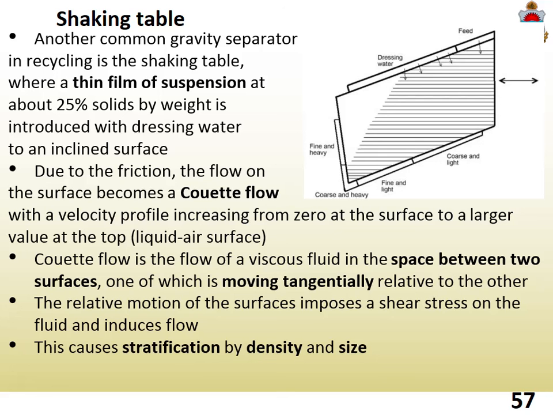So the particles of different size and different density are organized differently, as it is seen here. The coarse and light particles, the particles which are light but bigger in size, will come up at this position, while the fine and light particles will come here, and the particles which are big in size and also heavy, with more density, will be able to travel all the way to this other end of the table.